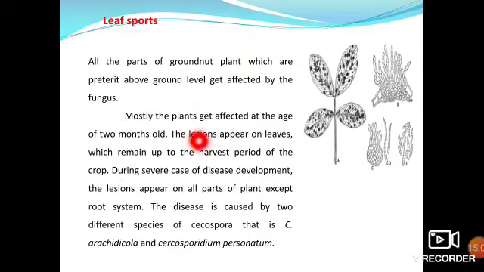Mostly the plant gets affected at the age of 2 months. The lesions appear on the leaves and remain up to the harvest period of the crop. In severe cases, lesions appear on all parts except the roots.